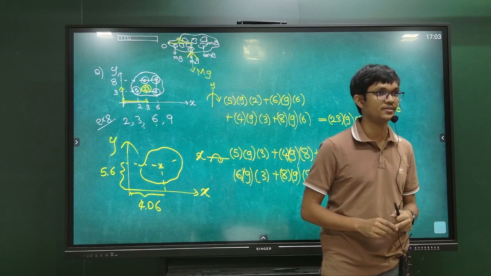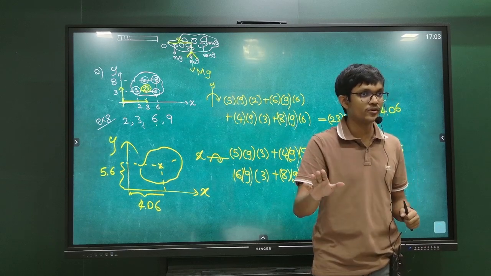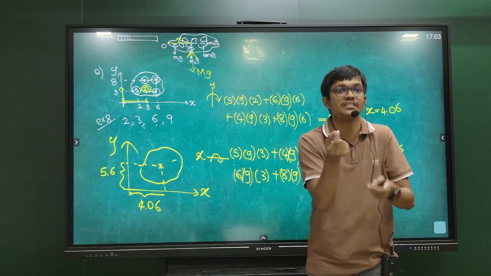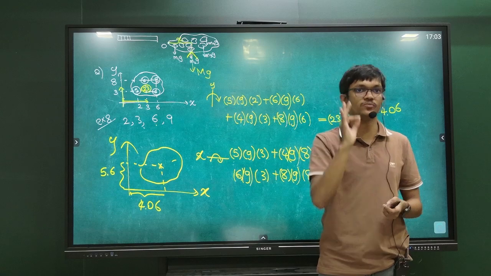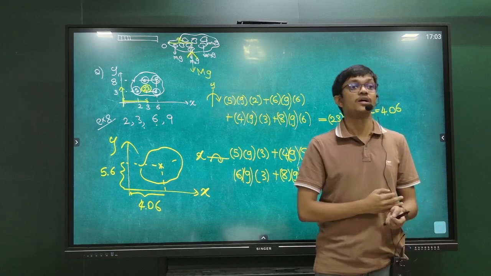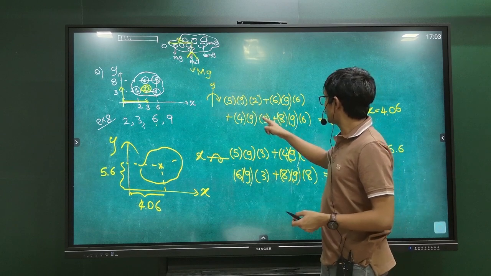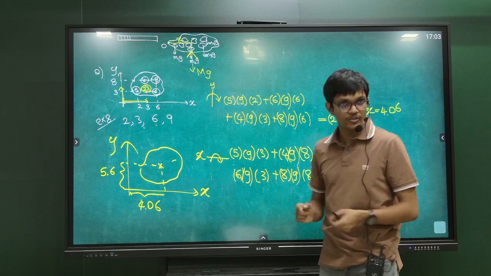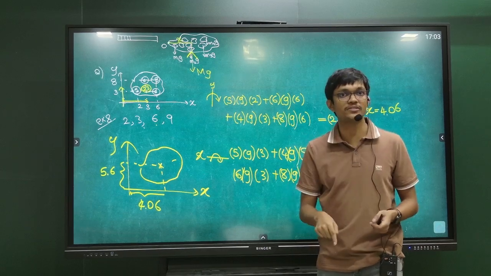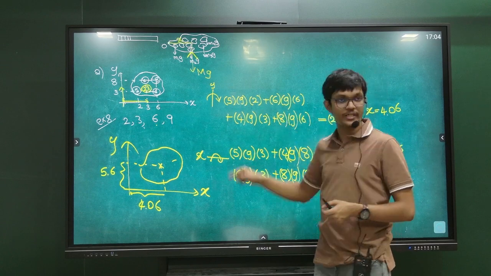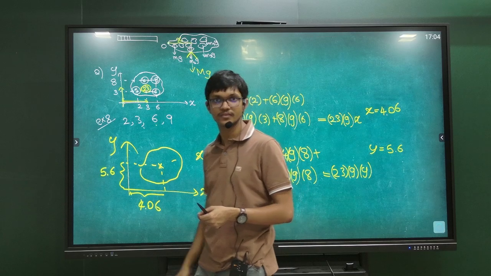Clear? So it's nothing new. It's the point where the whole mass is centered. That's what we call center of mass. Now you should understand, with g or without g, you get the same answer, right? Okay?